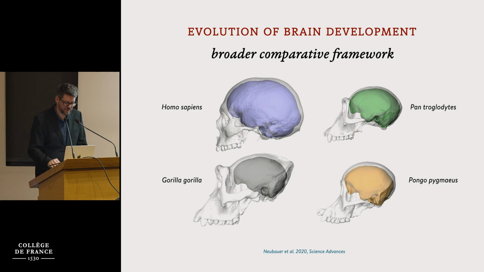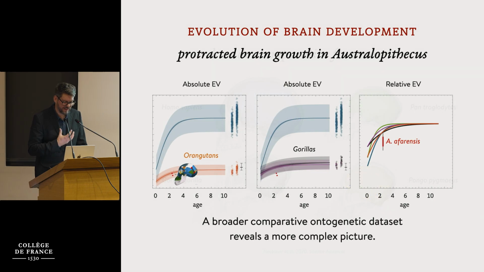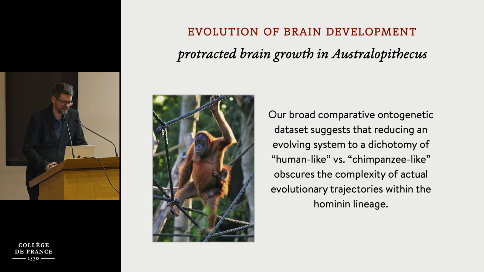So if we include gorillas, orangutans, and chimpanzees in this picture, we can document considerable diversity in these brain growth patterns among extant great apes, right? So there seems to be a continuum of variation among great apes, and not just a dichotomy or that all great apes grow the same compared to humans. So I think we need to be a bit more careful.